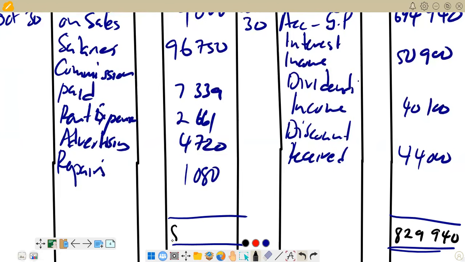This is the same total that is going to come on the debit side. Again, remember the greater total goes both sides. Then you subtract all what we have on the debit side, and the balance that you're supposed to get there is 708,390. So if the credit is greater than the debit, it means we are having a net profit.